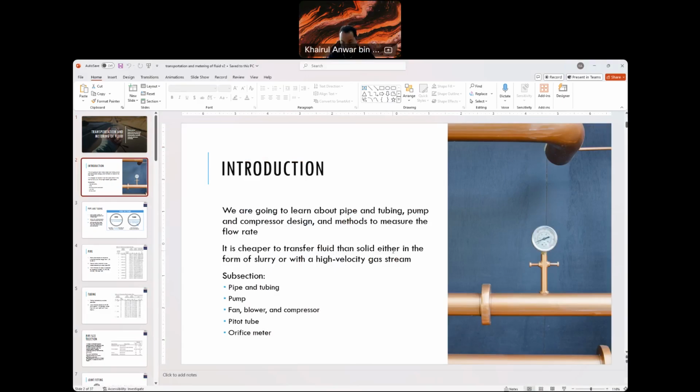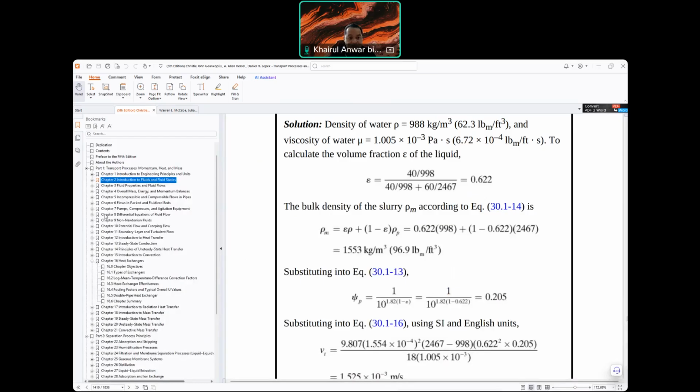This one is under CLO2. Introduction. We are going to learn about pipe and tubing, pump and compressor design.